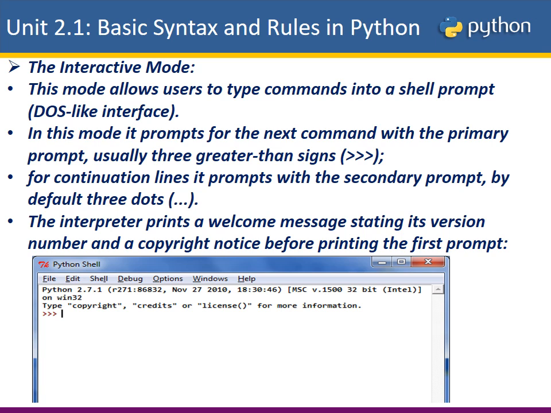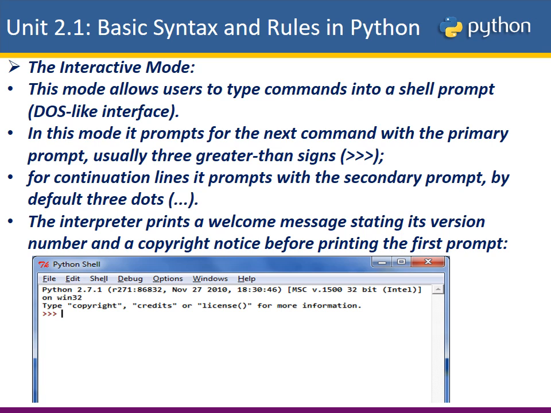The interactive mode allows the user to type commands into a shell, and that shell can be a DOS-like interface. In this interactive mode, it prompts for the next command with the primary prompt, and it usually starts with three greater than signs.